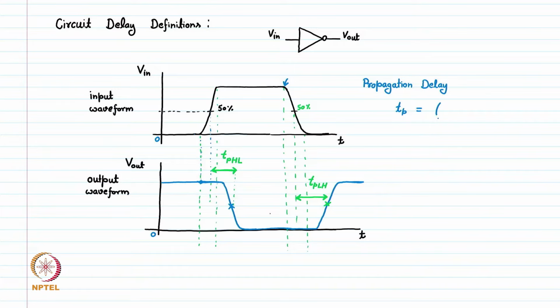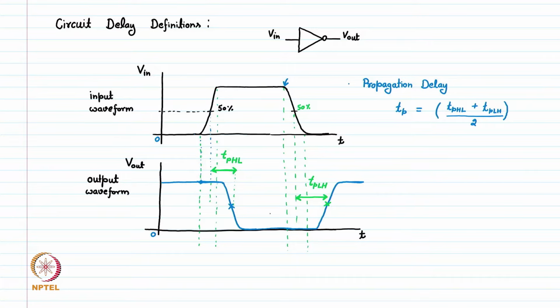So this is TPHL plus TPLH divided by 2. So this is the average value of both of the delays, and that we call the overall propagation delay of a CMOS inverter. So these are the propagation delays.